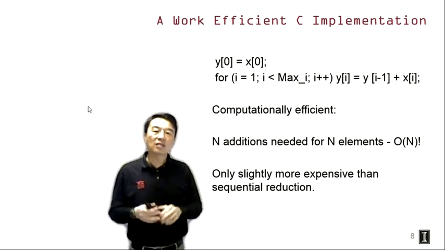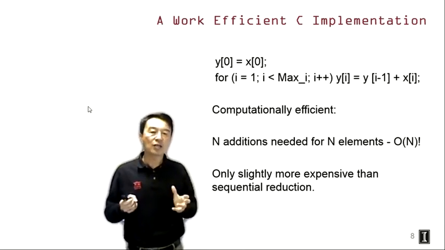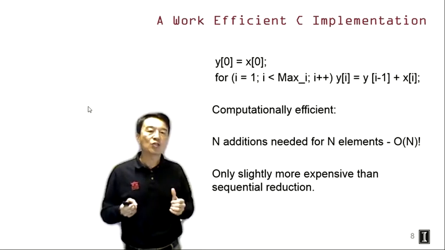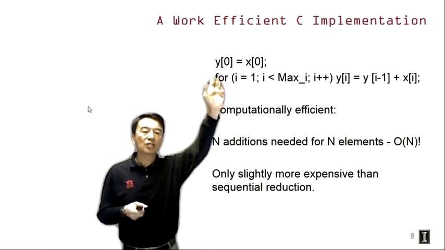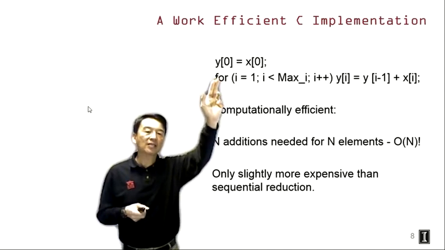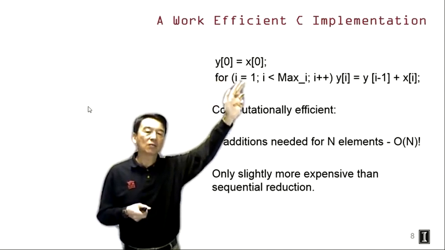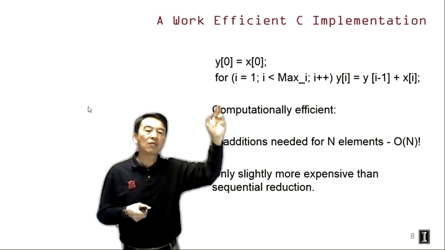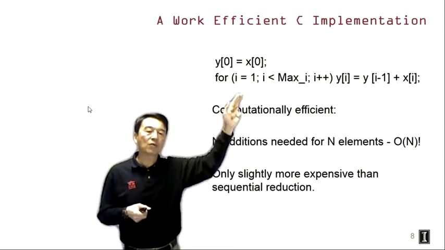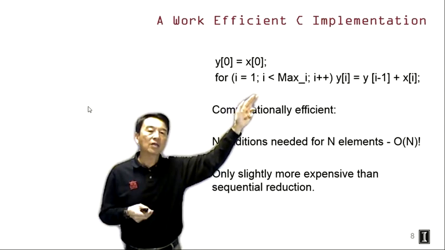So we can write an efficient C implementation for a sequential implementation. We start by assigning y0 with the x0 value. Then we go through a for loop where i goes from 1 to max i, which is n in the previous slide.